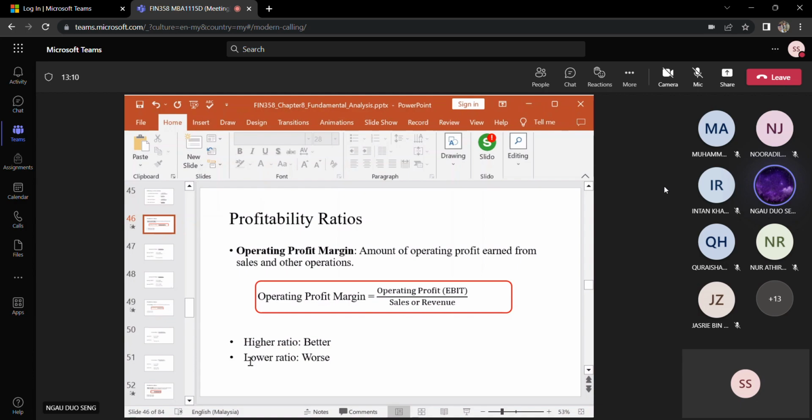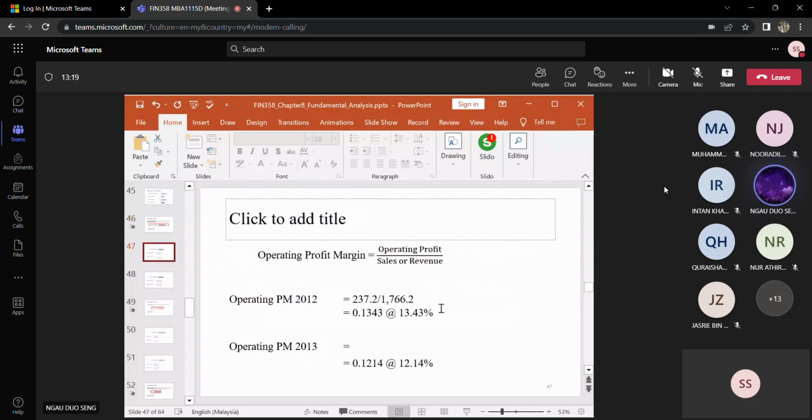So kita calculate higher is better lah. Higher meaning we can generate higher income. So now you calculate, you give me the working for year 2013, you key in dalam meeting chart. Okay, so you do now.